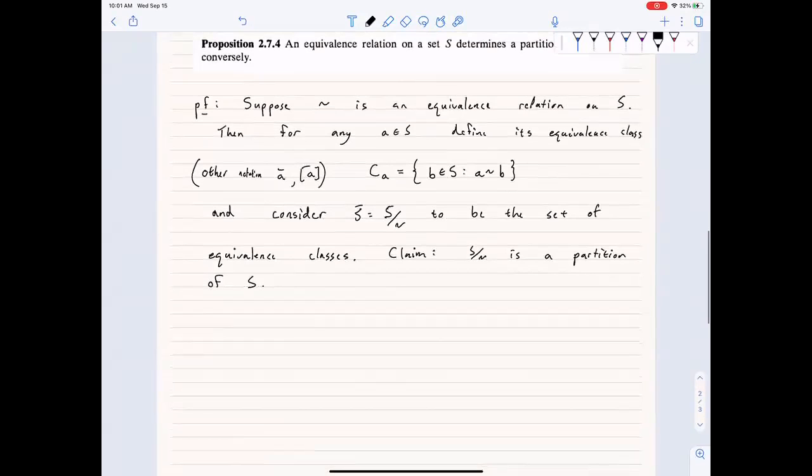So how do we prove this claim? What do we need to show? Great. We need to show that the union of the equivalence classes is S. Let's do that first.